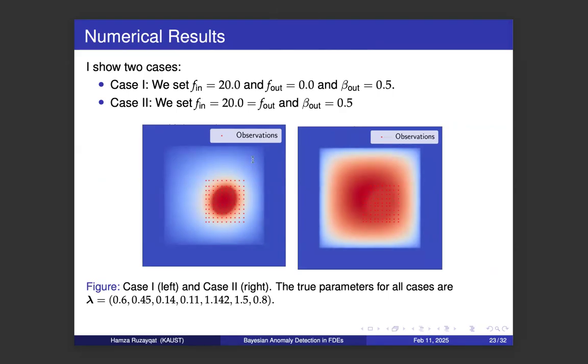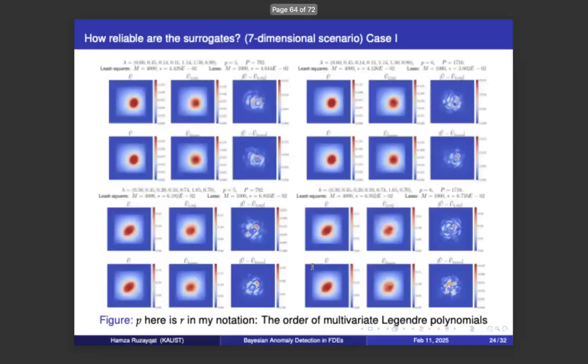Actually, I forgot to mention also kappa out is 1.5. For the second case, on the right-hand side, we set F_in to be 20 and F_out to be 20. And that's why you can barely see the ellipse. And also beta out to be 0.5.